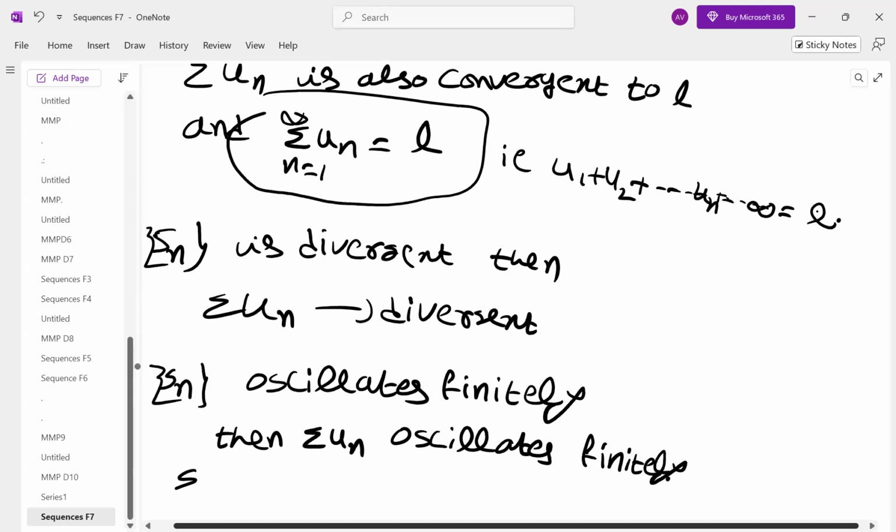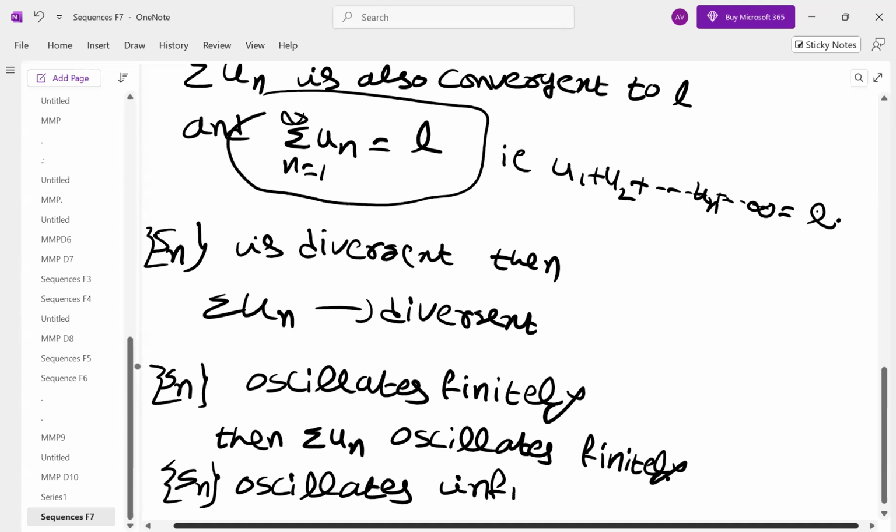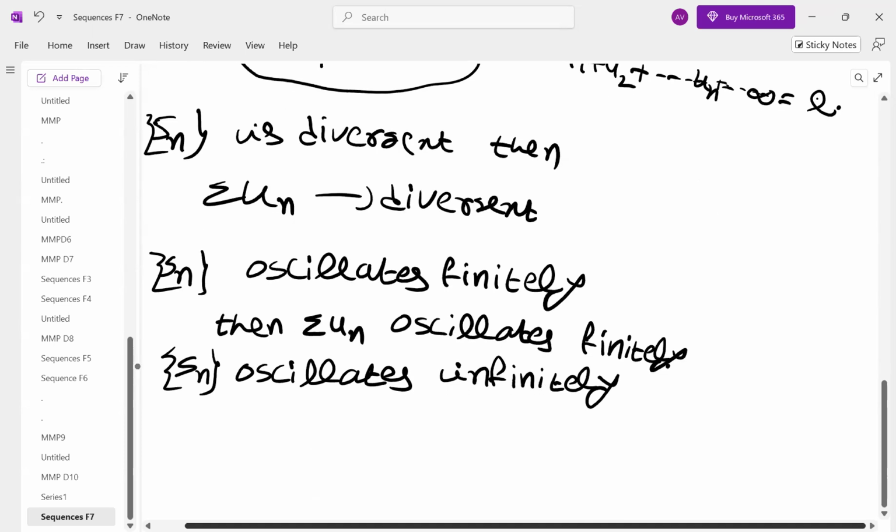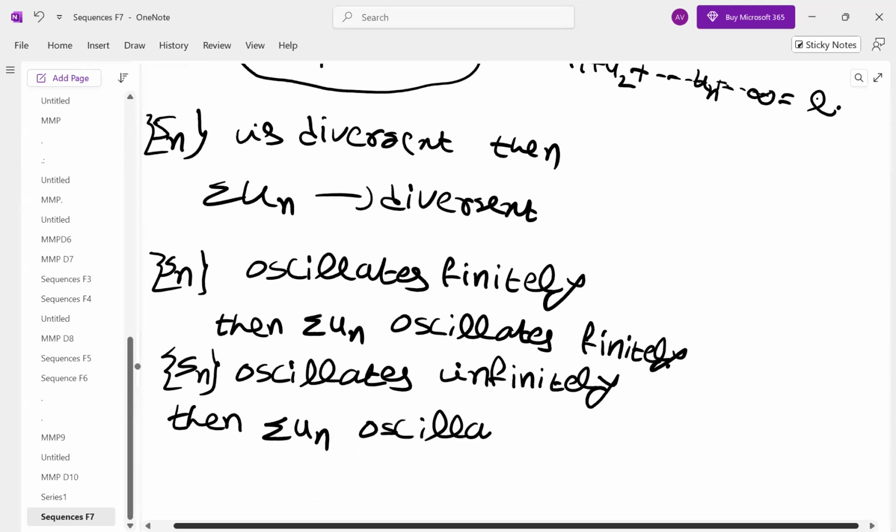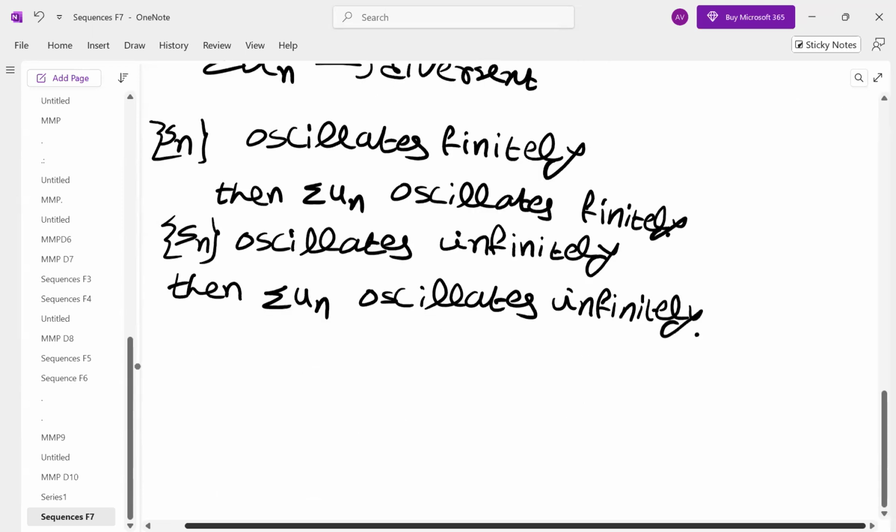And if the sequence Sn oscillates infinitely, then summation un oscillates infinitely. This is the concept.